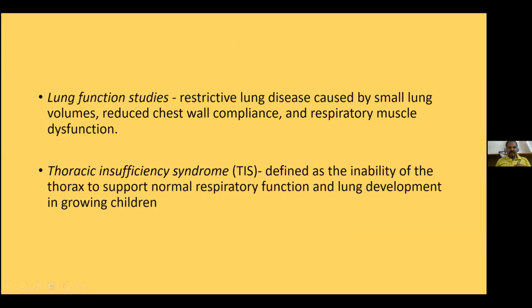So the lung function studies in these kids show a restrictive pattern with small lung volumes, reduced chest wall compliance and respiratory muscle dysfunction, which will lead on to what is called thoracic insufficiency syndrome, where the definition is the inability of the thorax to support normal respiratory function and lung development. So this is what happens in these kids with early onset scoliosis.